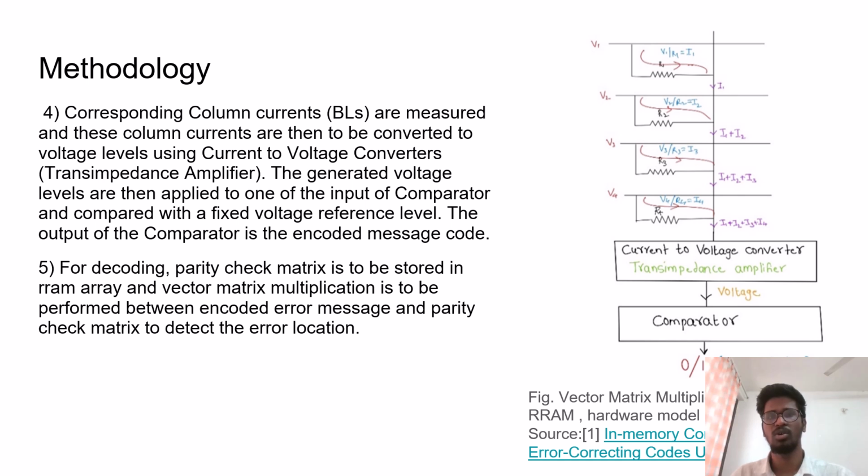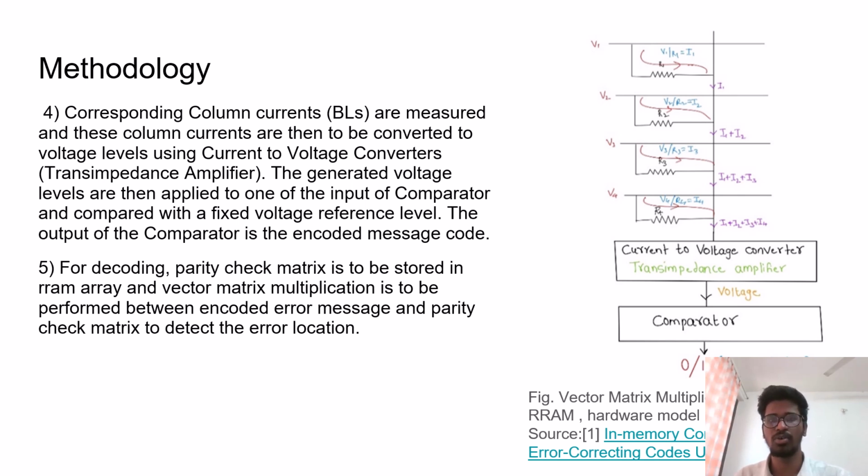First, we measure the column currents, also known as the bitline currents, and these currents are converted into voltage levels using a current to voltage converter, also called a transimpedance amplifier. These voltage levels are applied to one of the inputs of the comparator, while the other input receives a fixed reference voltage, and the output bit represents the encoded message.